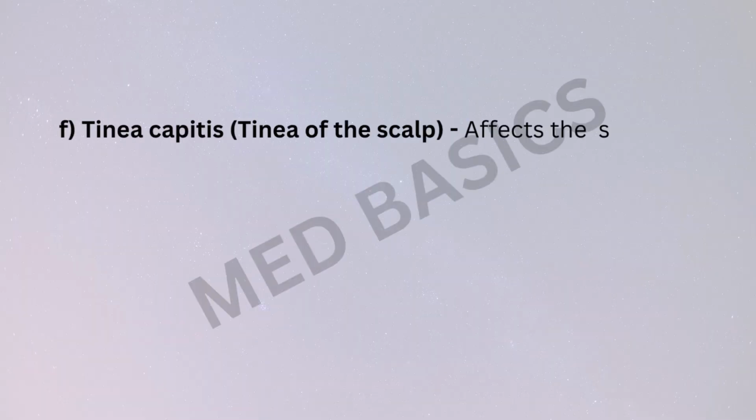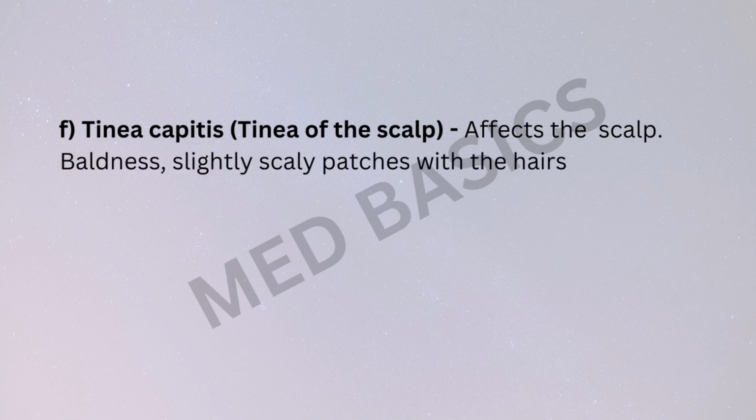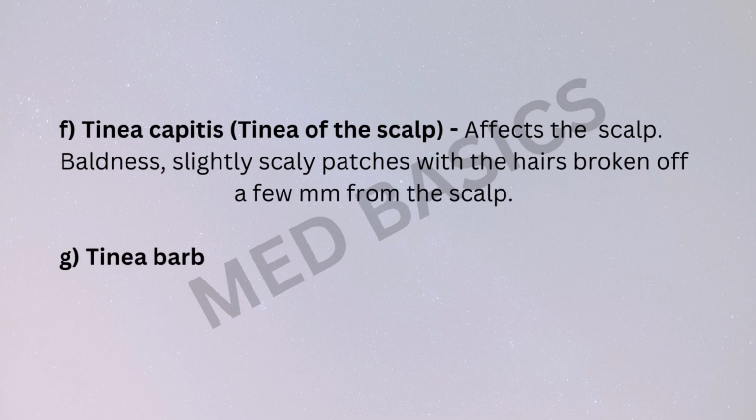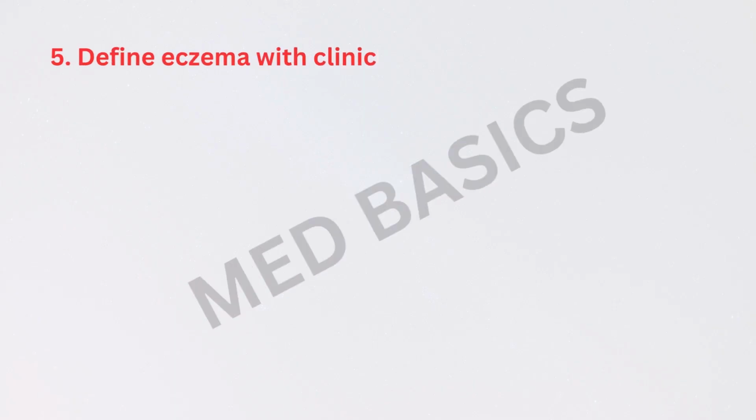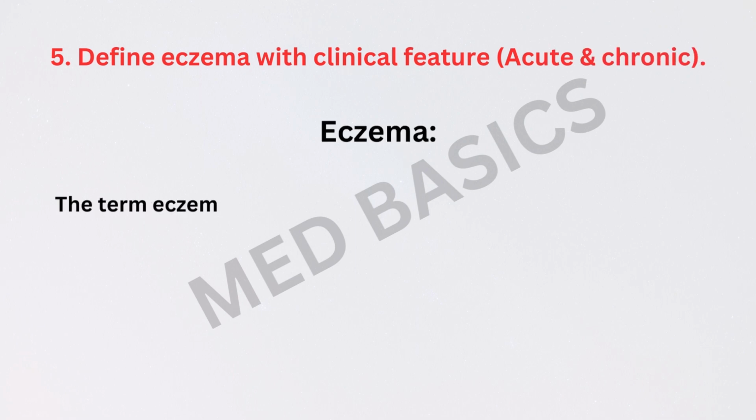Question number 6. Define scale, atrophy, psoriasis, vulvovaginal candidiasis, scabies, herpes simplex, impetigo, boil, abscess, acne vulgaris, urticaria, and ulcer. Scale: dry or greasy laminated masses of keratin that represent thickened stratum corneum.